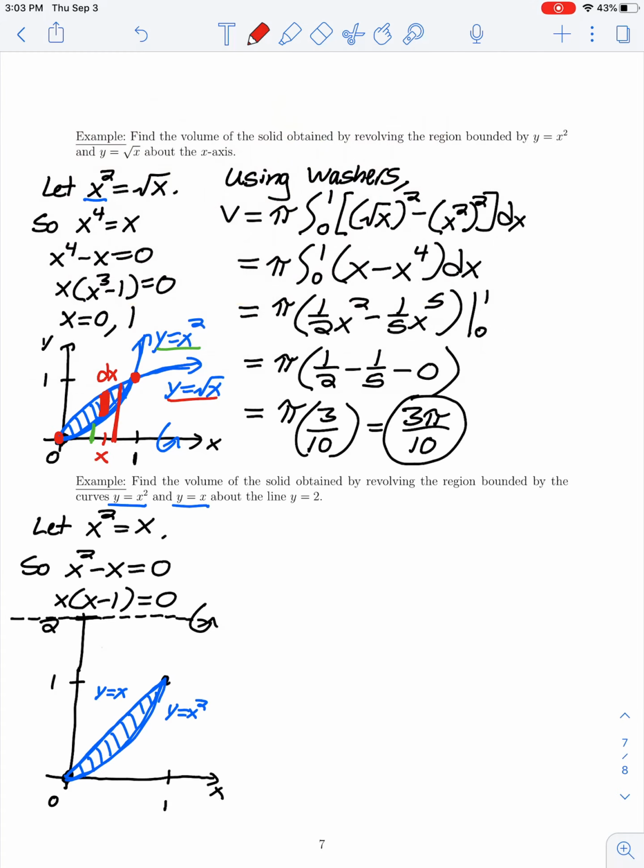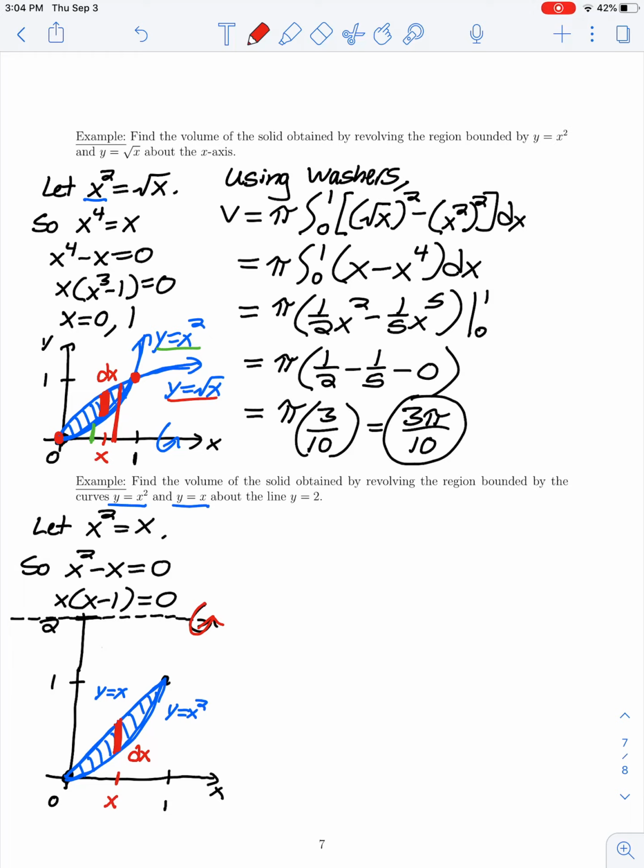So if we think about taking our region of interest and slicing it up into little vertical slices taken at, say, some point x along the x-axis between 0 and 1 of a thin width dx, we can see that if we were to take that little slice and revolve about the line y equals 2, we would have a washer shape.